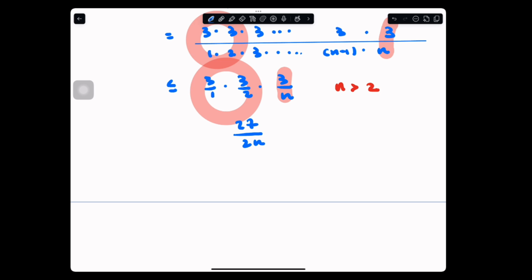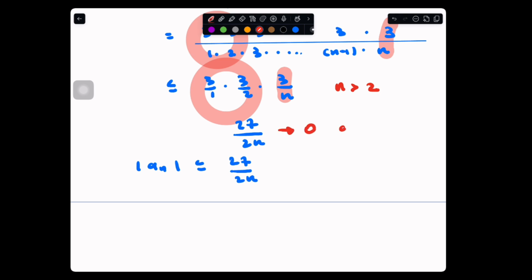And so this sequence here is smaller in absolute value than 27 over 2 to the n. So we know that this portion will go to 0 as n goes to infinity. So we're looking at this going to 0 as n goes to infinity.